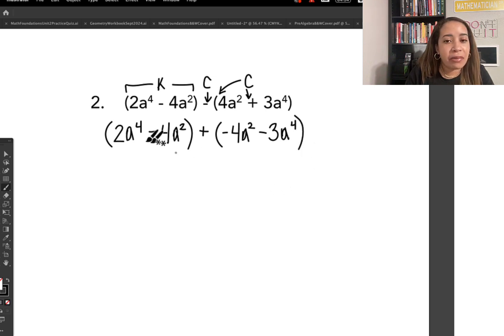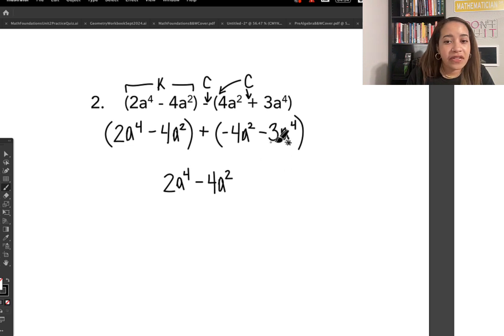Now that I have my problem rewritten as addition, I can stack up the pieces that look alike. So I'm copying down my first polynomial, 2a to the 4th power minus 4a squared. And I need to rearrange the pieces so that they stack up the ones that look alike.